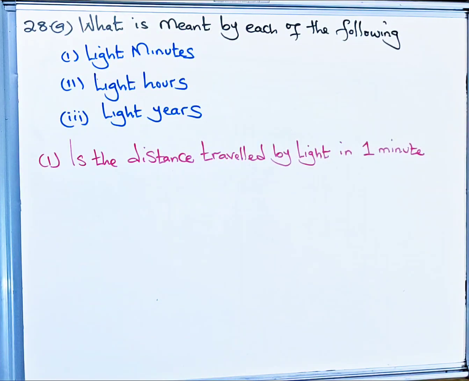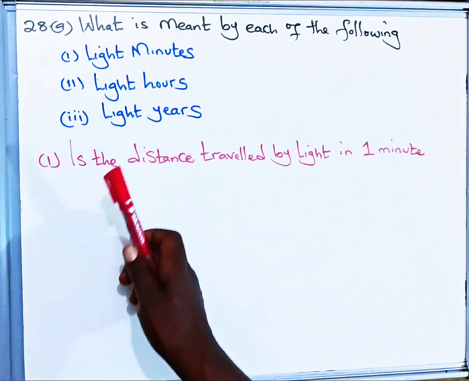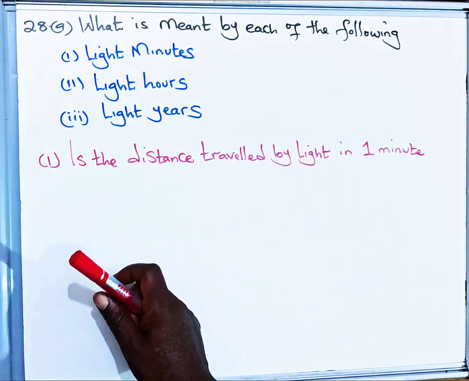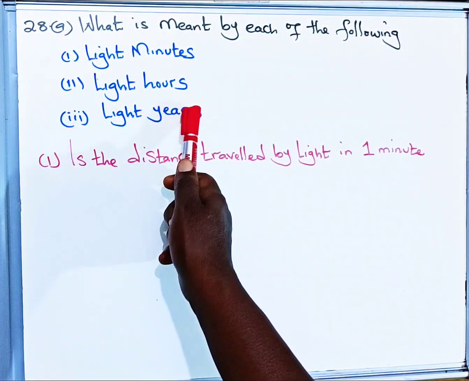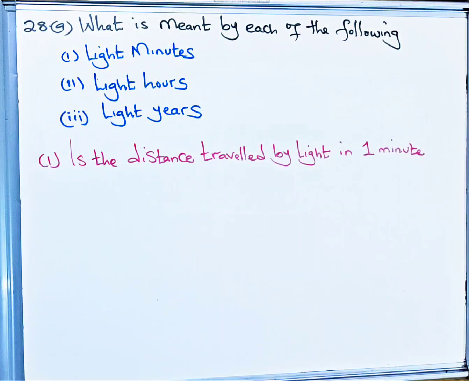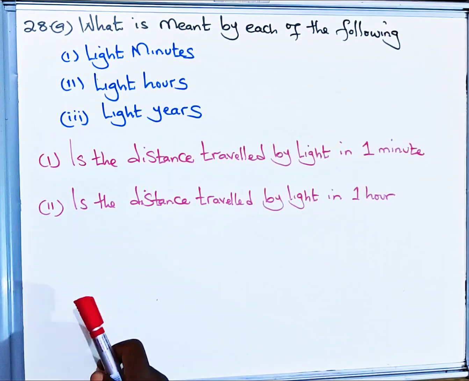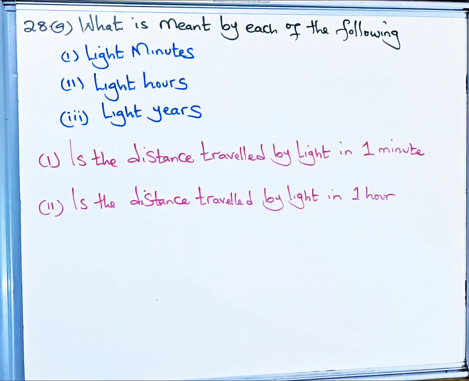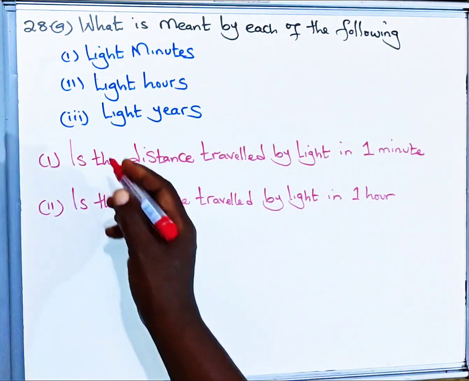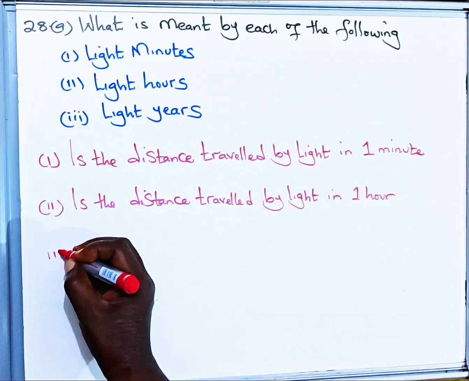Then light hours. What is it? This is the distance traveled by light in 1 hour. Then light years.